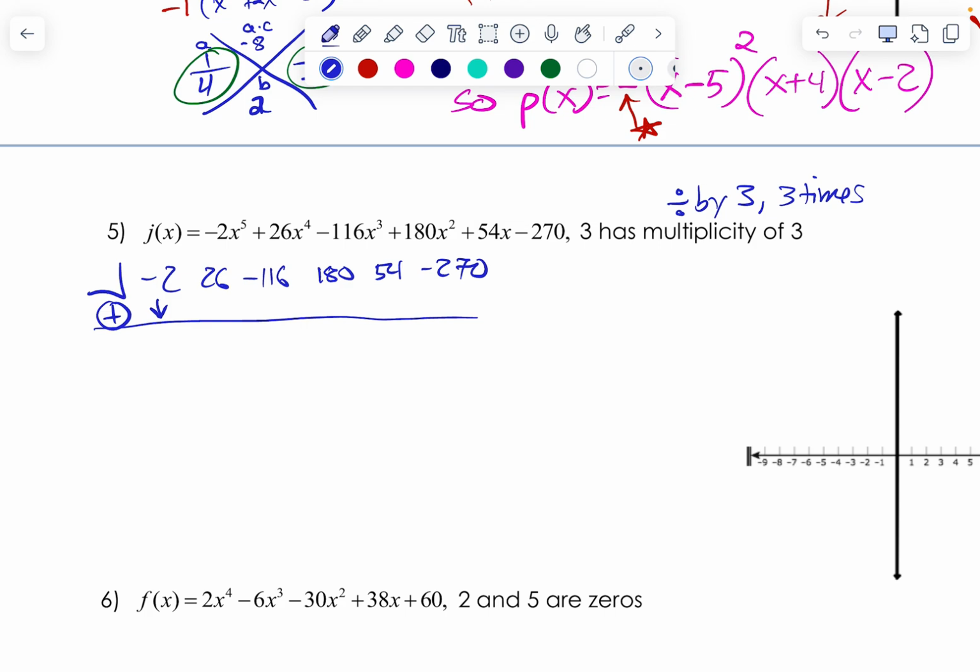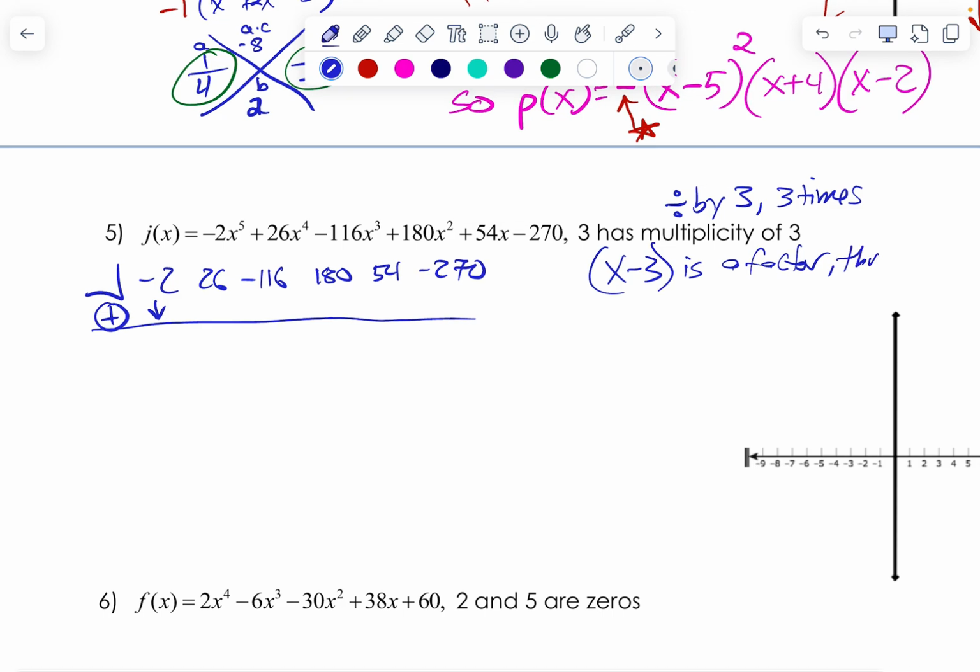If we were told something like this, x -3 is a factor, that's the same thing. Now we would put 3 for that as well, okay? I'm just finishing writing this statement. So x -3 is a factor 3 times.